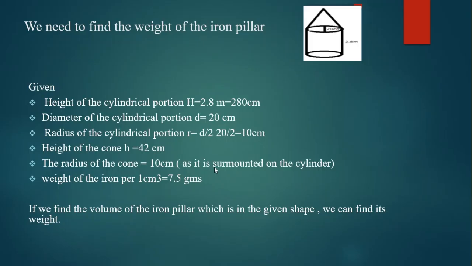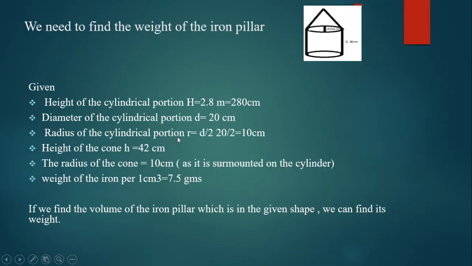This point should be very clear in our mind, because the word surmounted is given in the problem. That word implies that the radius of the cone and the radius of the cylinder are the same. And one more point is given: the weight of the iron per 1 cubic centimeter is 7.5 grams.